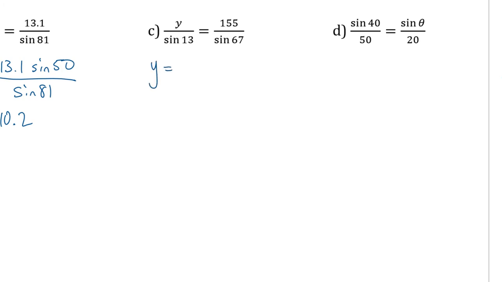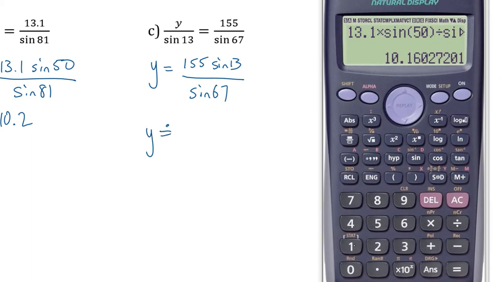Now I'm going to go ahead and finish these. So the sine 13 is what moves over to the top on the other side. So I get 155 sine 13 over sine 67. So 155 sine 13. If you're using the other calculator, you put the 13 in first, then hit sine, divided by sine of 67.